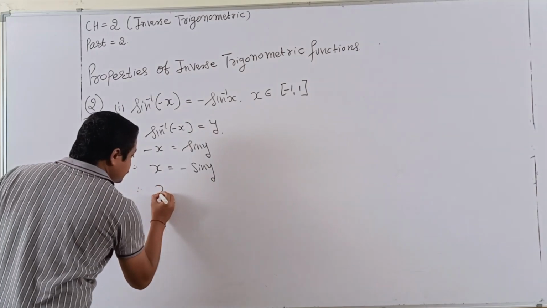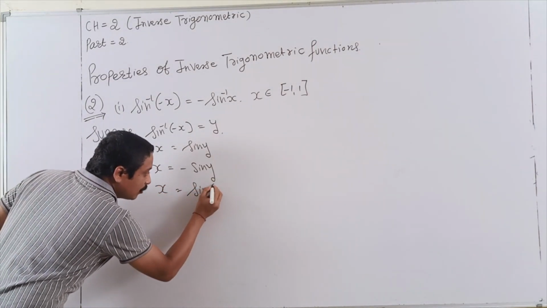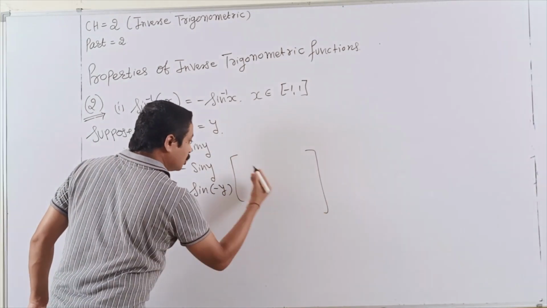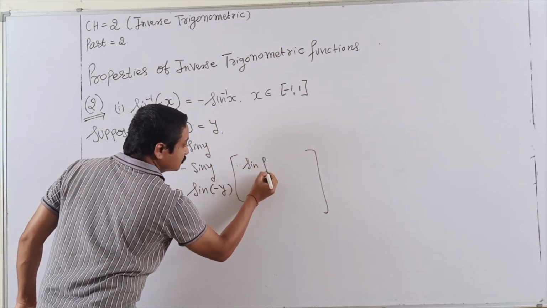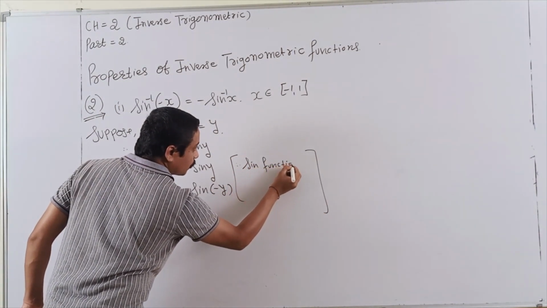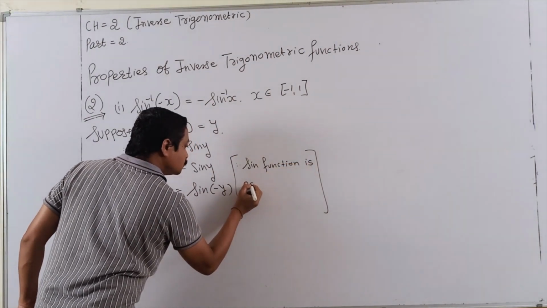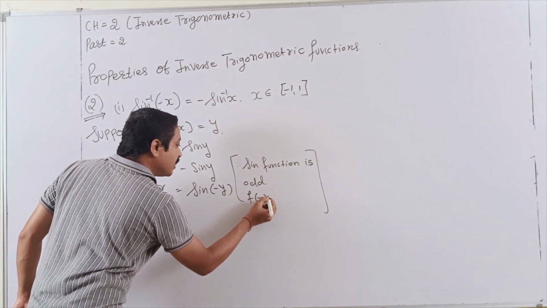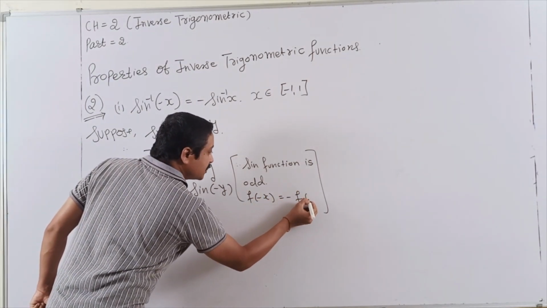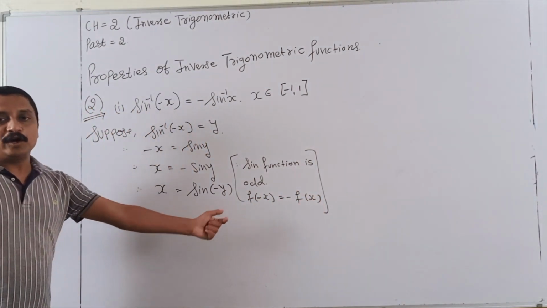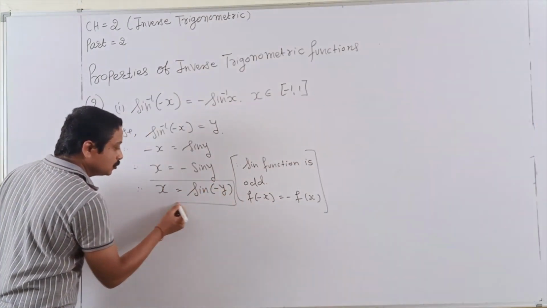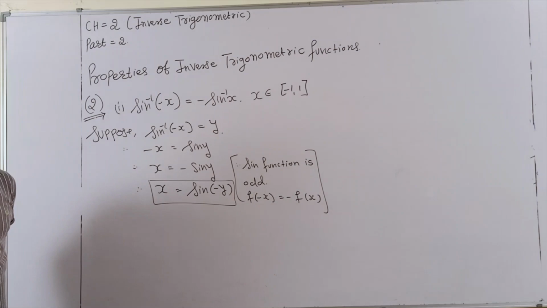So x is equal to, can I write sin of minus y? Sure, because the sin function is an odd function. You know the odd function definition: f of minus x is equal to minus f x. This is already in the trigonometric parts. So x is equal to sin of minus y.